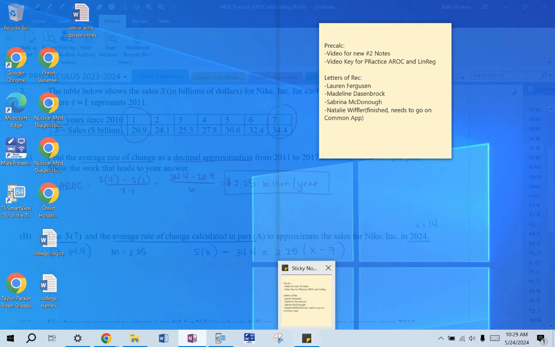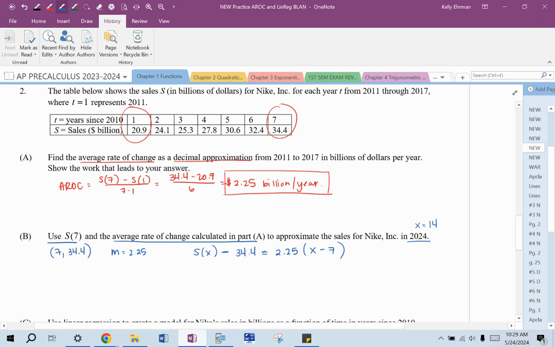All right, so what are we trying to find? We're trying to find S of 14, okay? So plug in 14 for the x right here. Now do the math. S of 14 is about equal to 2.25 times 7 plus 34.4.